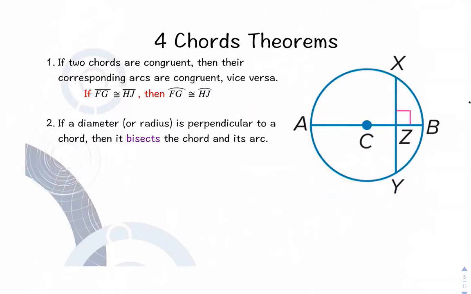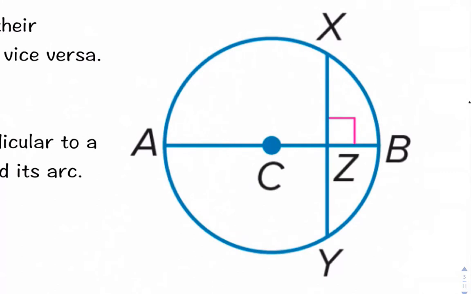All right. Second theorem, this one's a little more complicated. If a diameter, or a radius in that case, is perpendicular to a chord, then it bisects that chord and the arc. Okay, so if I look at this picture here, I have a diameter from A to B, right? I know it's a diameter because it goes through the center.